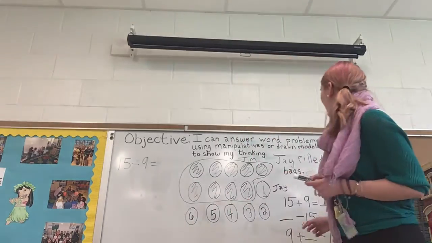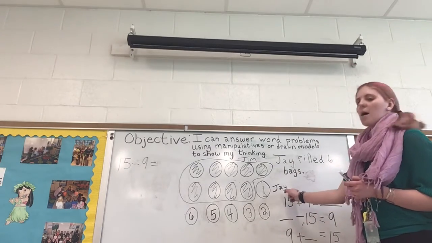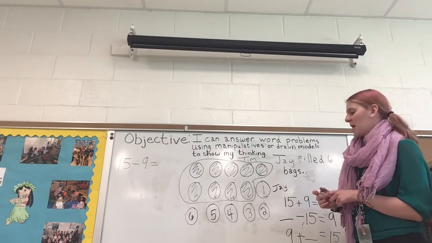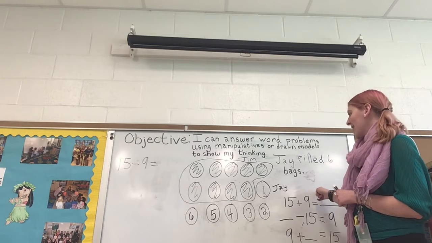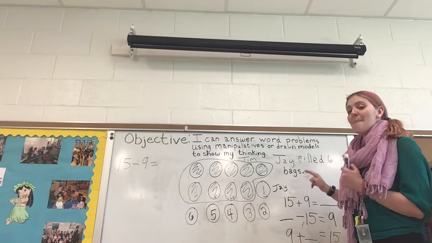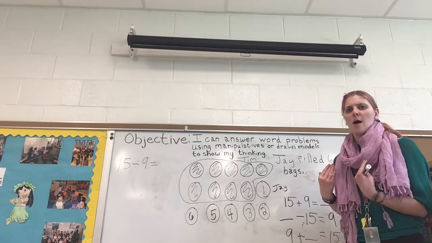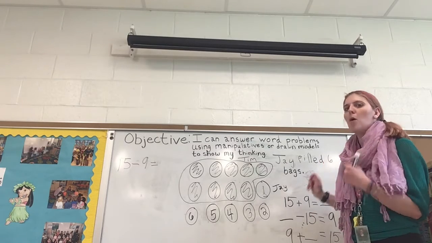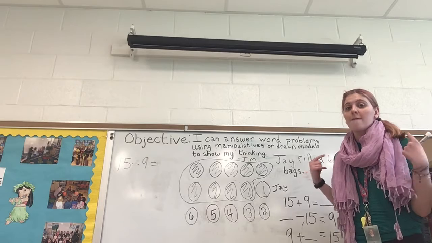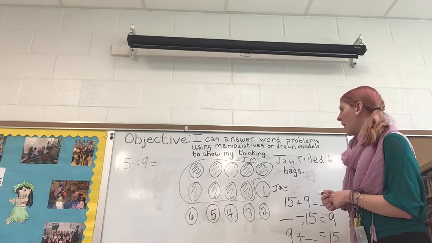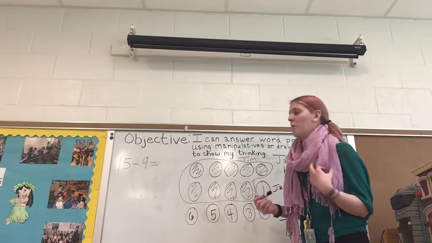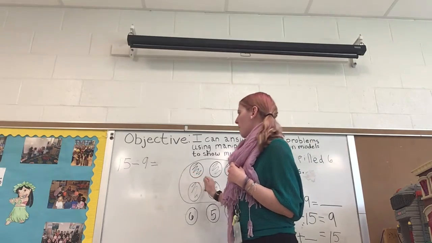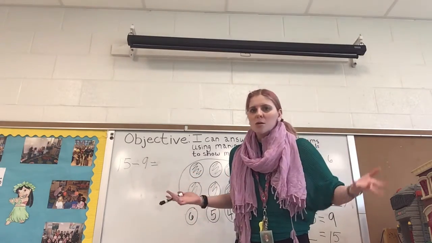Now the last part of the problem, where we have to find the number sentence that matches what the problem was asking us to do. What number sentence makes the most sense for the problem? A lot of you looked at this problem and said, oh, subtraction.